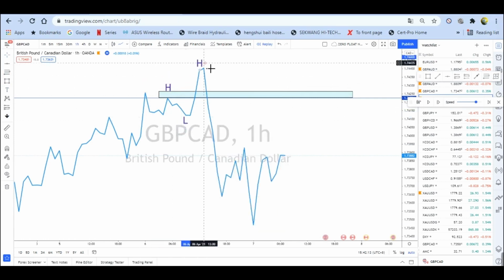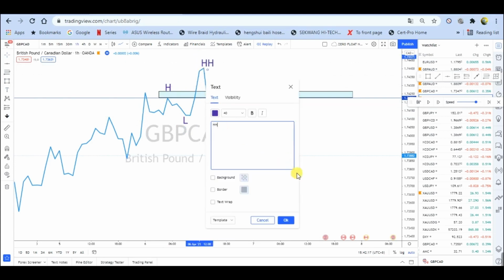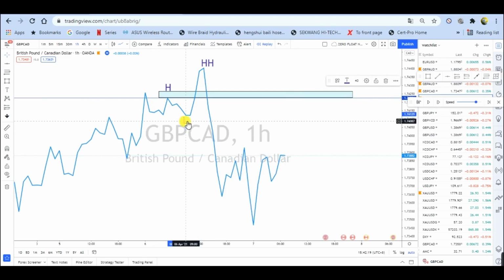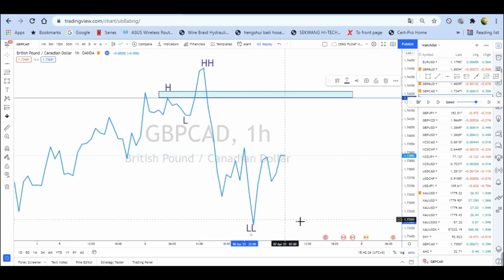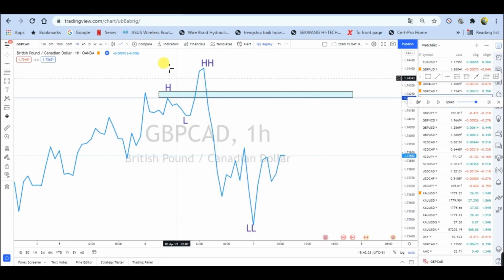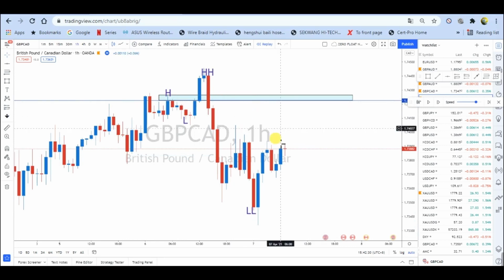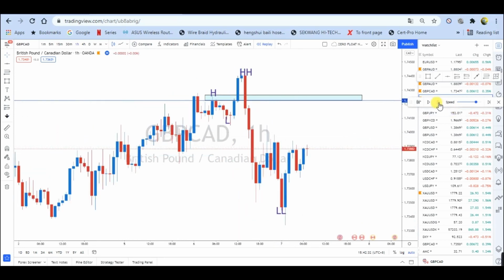Then we have the higher high. And we have the lower low on this side here. Next thing we should do is monitor this setup. Make sure that it doesn't go on a late retest. So let's play now.